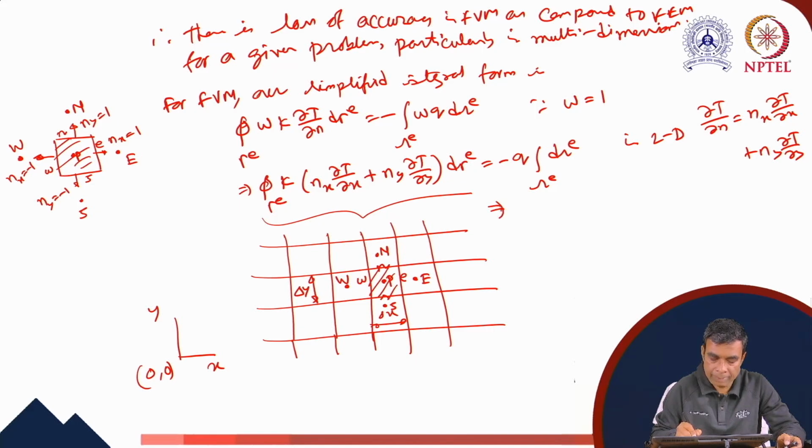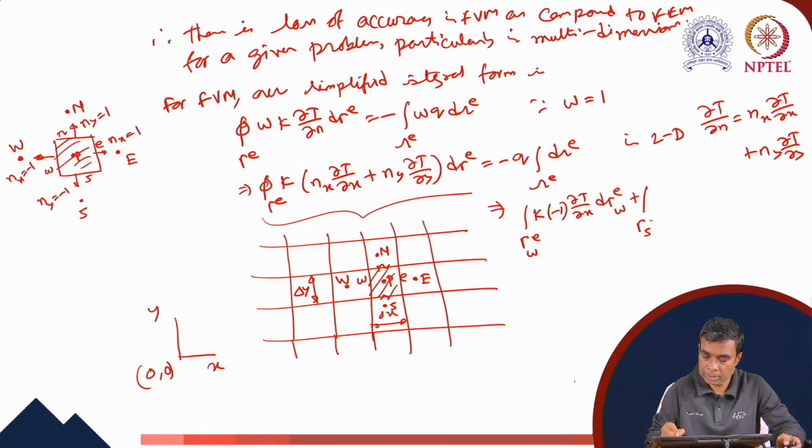Now this term we can split into edges of the given cell. So this can be written as the integration over gamma west e of k into minus 1 into ∂T/∂x d gamma e, plus the integration over gamma south e of k. For the west face, ny is absent, so that term does not come.